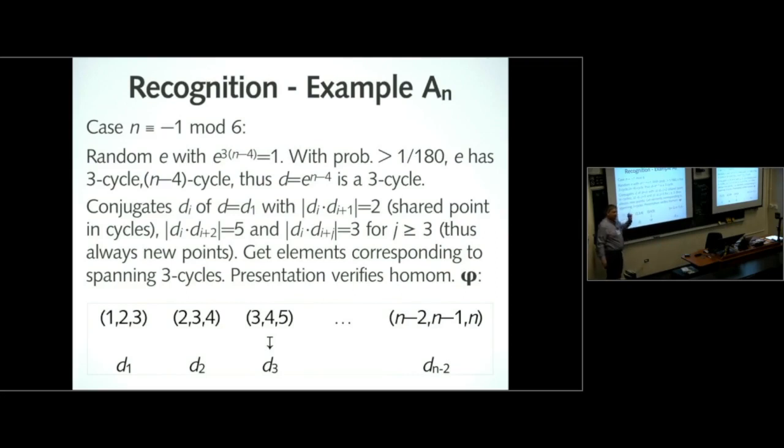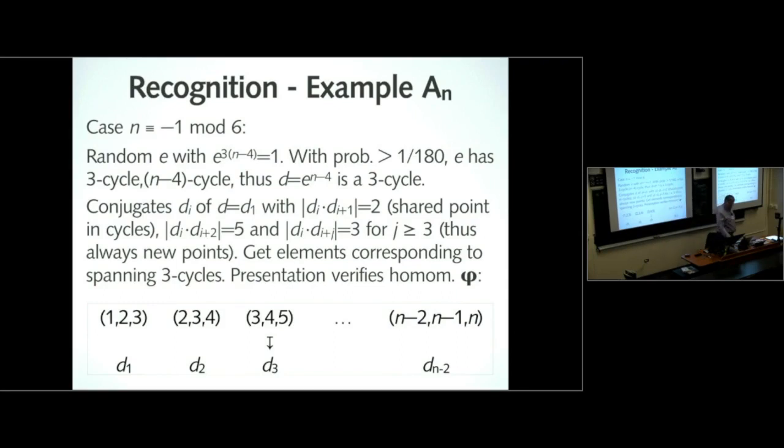Now I find from orders a conjugate which just overlaps in one number, and I can assume it involves the numbers 2 and 3 again and involves the new number 4, and so forth. So I can thereby build conjugates in my original group which correspond to standard nice generators of the alternating group A_n.